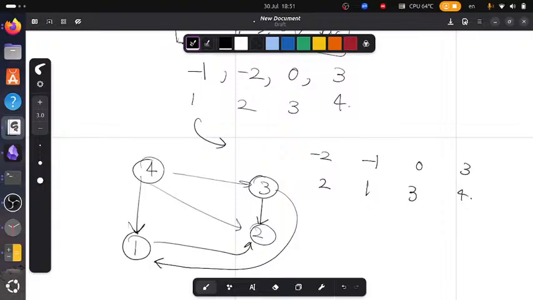Then we have this right here. Does this visit every single node? Now, if we go to 3, three will visit 1 and it will visit 2, right? It's going to go to 1, it's going to go to 2.